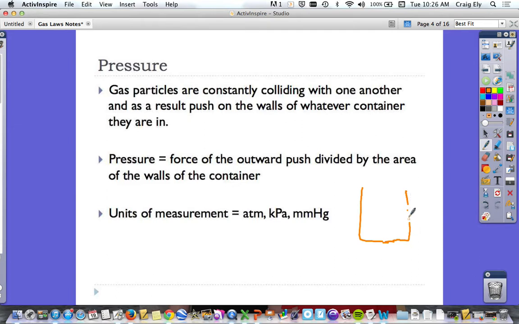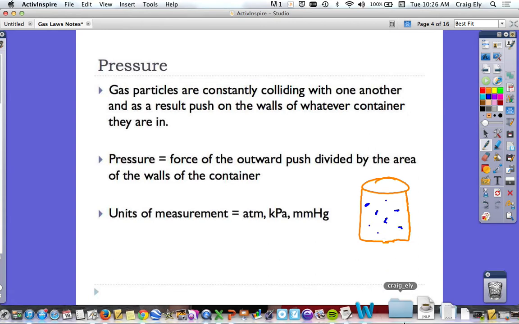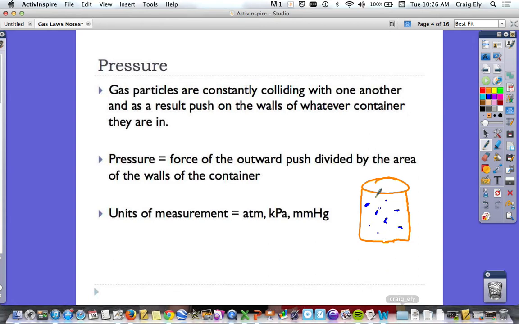So we've got all these little gas particles all over, and this container has a lid on it. The particles in here are moving around, bouncing off the walls, maybe hitting each other, and they are constantly moving around.